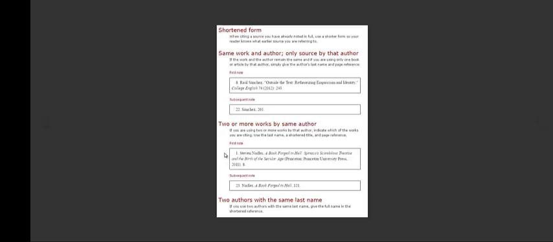This paper used many of Stephen Nadler's works. So in the shortened note, you use the author's last name, Nadler, and keywords from the title of the book. It doesn't have to be the entire title, but it can be keywords from the title and then the page number.